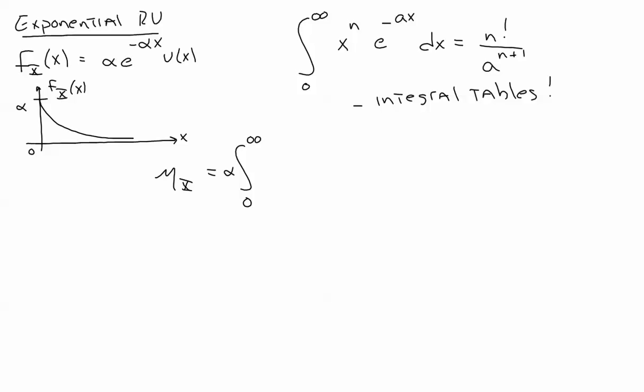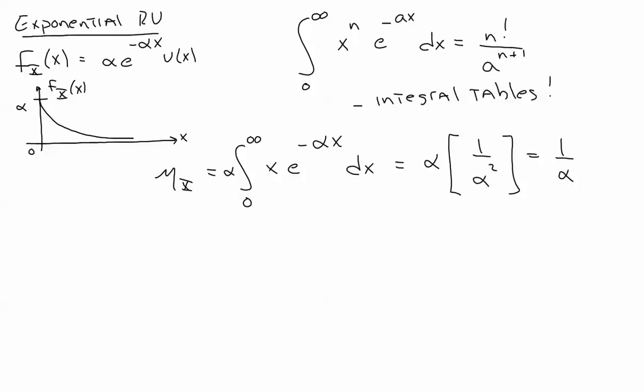Alpha can come out front. x e to the minus alpha x dx. And using my integral table relationship, it'll be alpha times 1 over alpha squared. That's just 1 over alpha. That's the mean value of an exponential random variable.